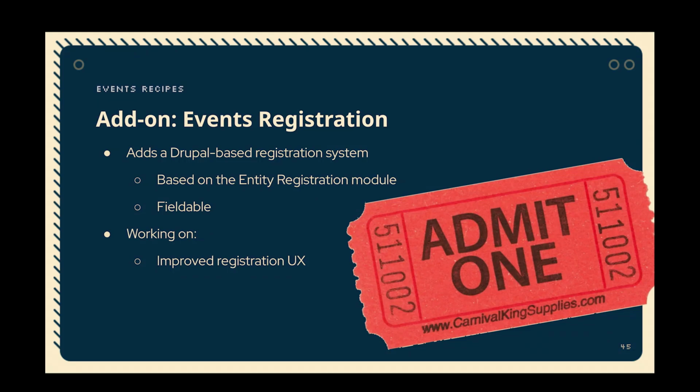There is an events registration system. It's based on the entity registration module. So instead of forcing people out to Meetup or Eventbrite, you can actually have people register directly within Drupal. It uses entity types that are fieldable. So you could say, maybe I have some events where when people register, I want to collect t-shirt sizes, but other events where I want to collect food allergies, or maybe I have some events where I want both.